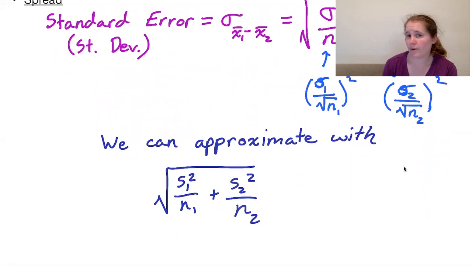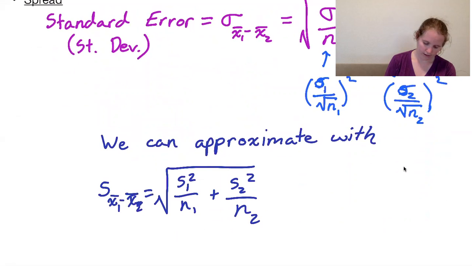But then this would require us to use the t distribution. So we'll do sigma sub x1 bar minus x2 bar is equal to this approximation. And then this would require the t distribution.